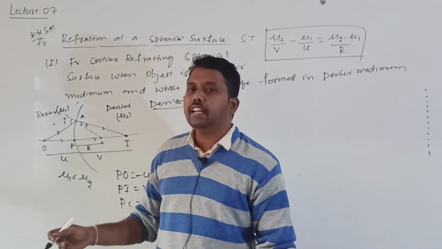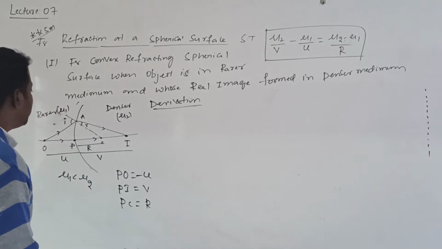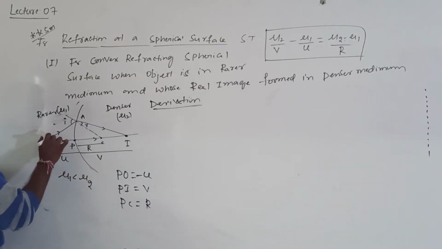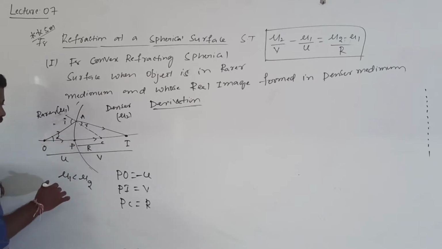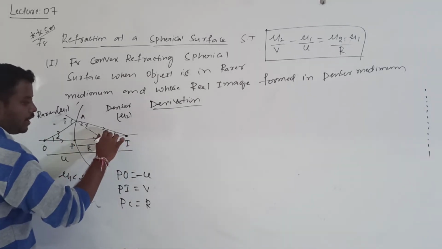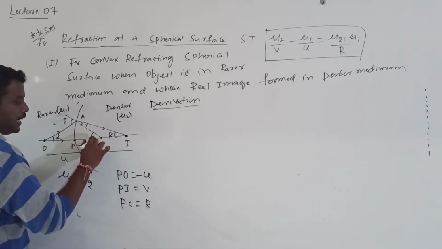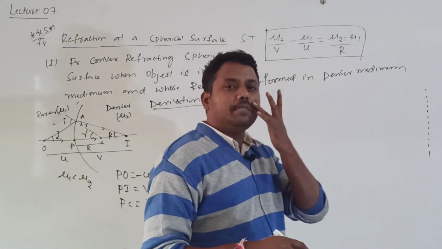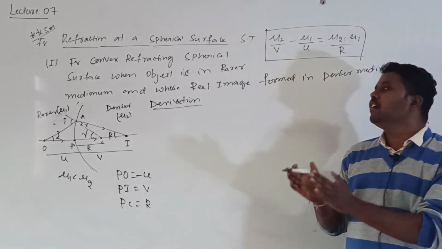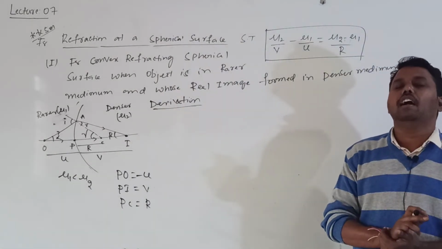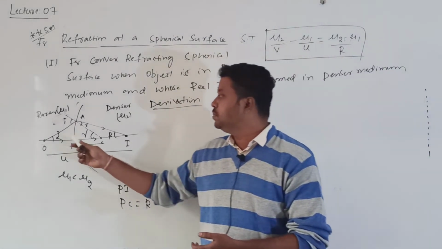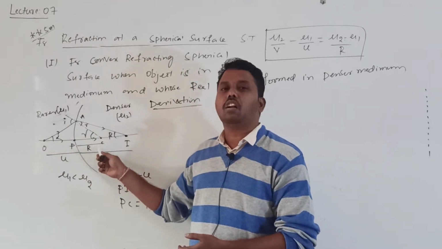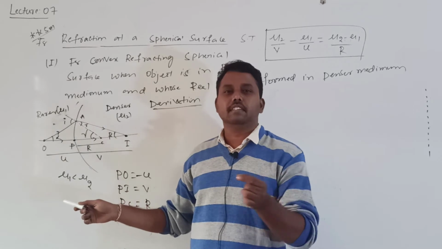After that, for making this derivation, I will make one consideration. Let the angle made at O be alpha, the angle made at I be beta, and the angle made at C let me call gamma. This is one assumption I made. Alpha, beta, gamma are the angles made by the object, the image and the center of curvature or normal with the principal axis.